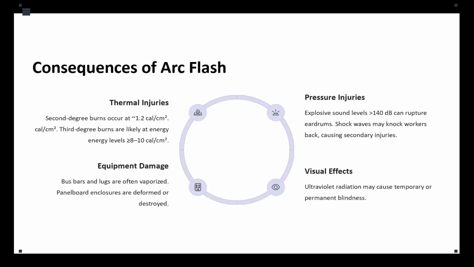We said that when copper vaporizes during the arc flash, it expands 67,000 times its solid volume. You can imagine this rapid expansion generates a very strong shock wave that, as we mentioned before, can produce over 10,000 psi of pressure.